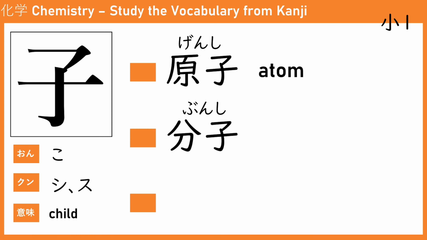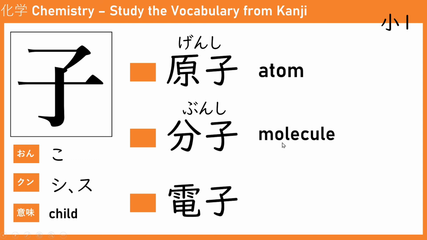You separate the small things. You get molecule. Okay. Genshi is an atom, bunshi is a molecule. You got another one, denshi. Den means electricity. The small stuff of electricity is an electron. Okay. Genshi, bunshi, denshi.